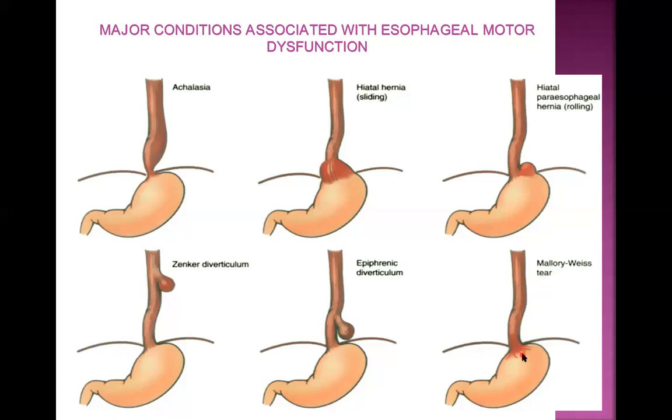There is severe bleeding, and that blood may be vomited out as bright red blood, or it may go distally and come out as melena. So, hematemesis and melena are important features of Mallory-Weiss tear. Nobody is going to ask you these things in detail. They will just want to know the meaning of these terms.